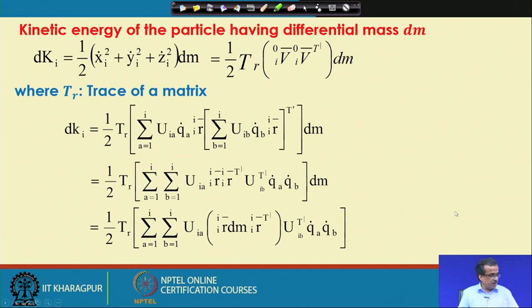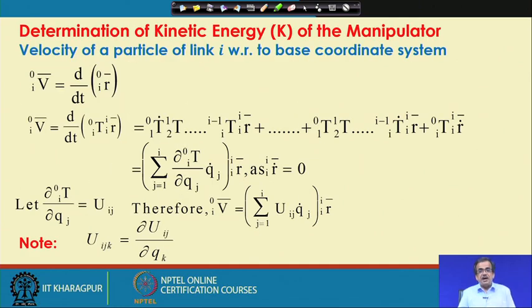Now, what I am going to do is find out the kinetic energy of the whole robot. The kinetic energy is nothing but half m v square, that is, half mass multiplied by v square.